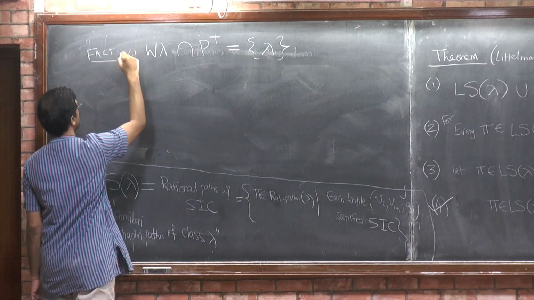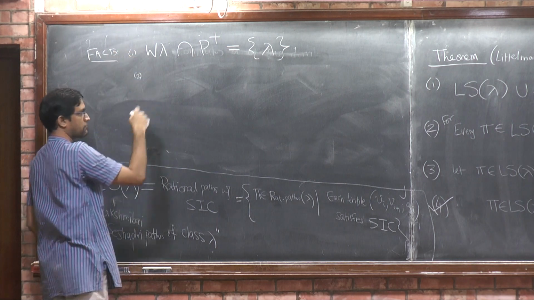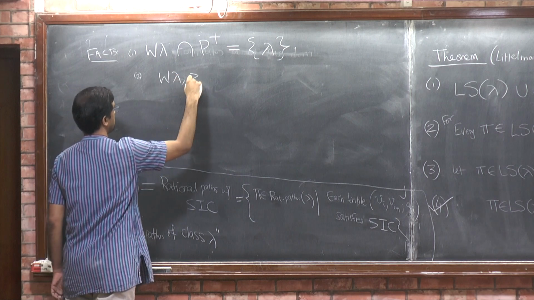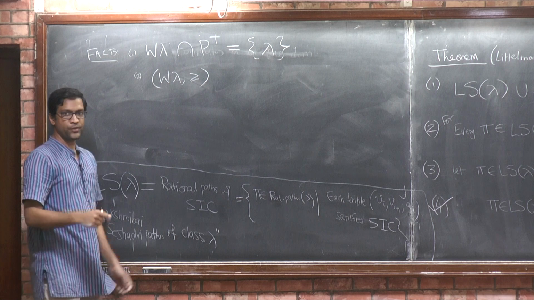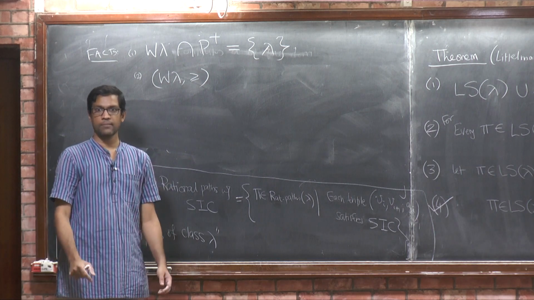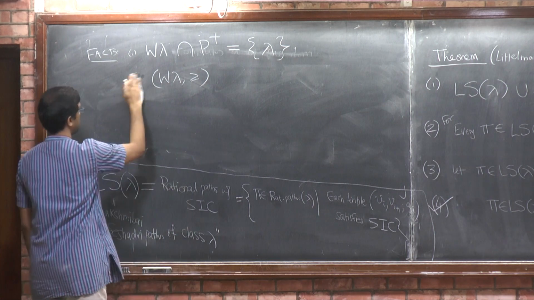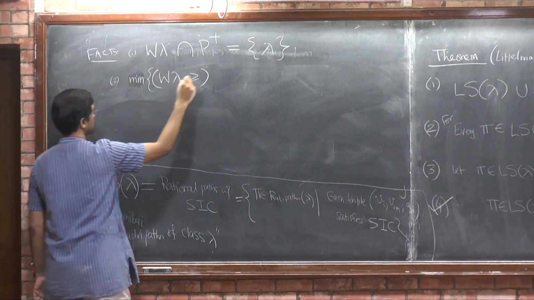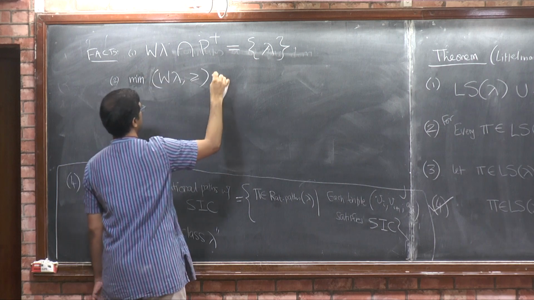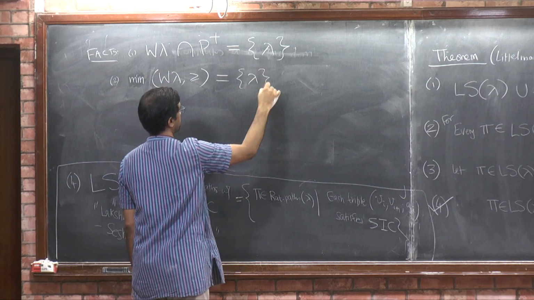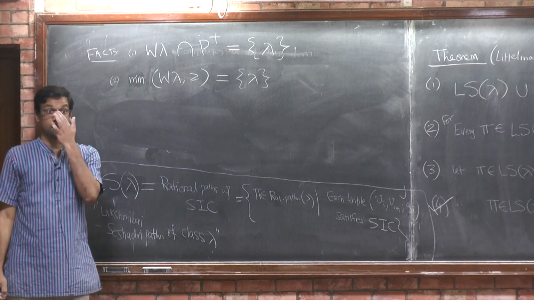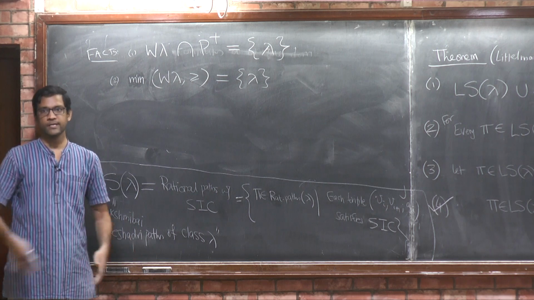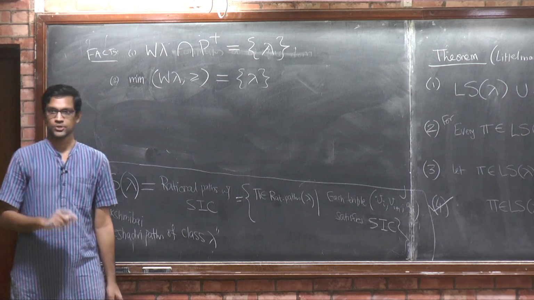And further, the second fact, which was clear from the diagram we drew: when you take W lambda with the partial order, it has a unique minimum element, which is lambda itself. So it is the smallest element, smaller than all the other elements in its W orbit with respect to that partial order.